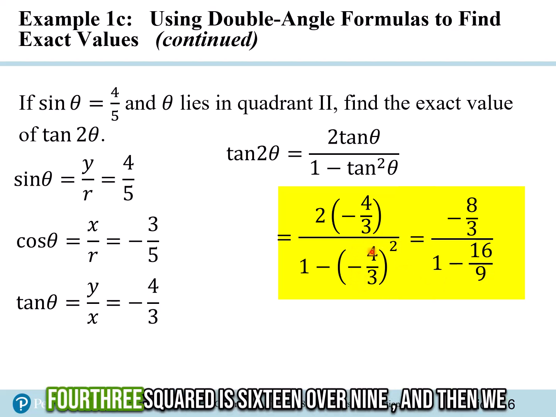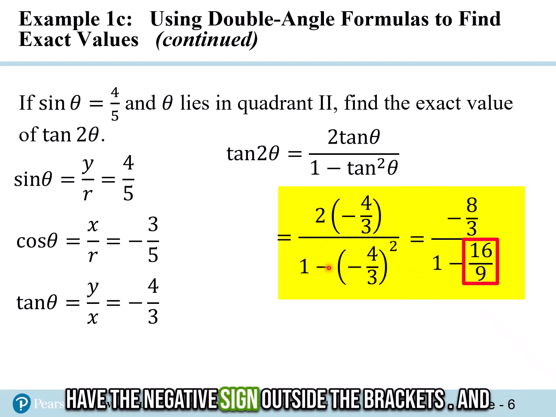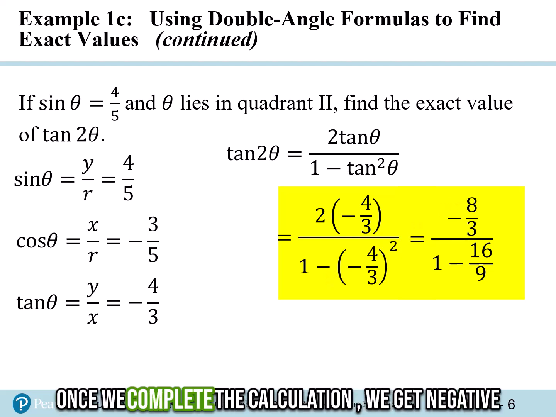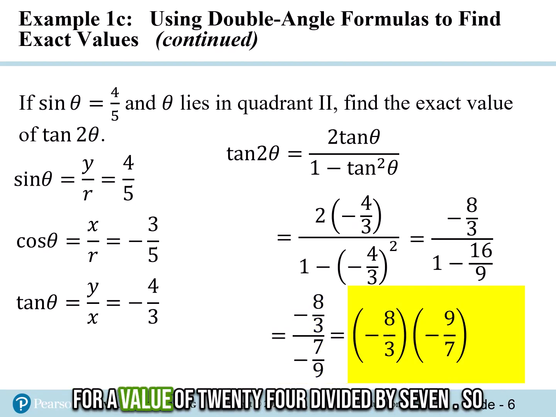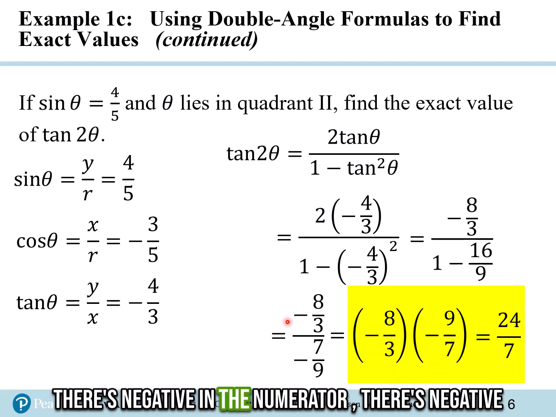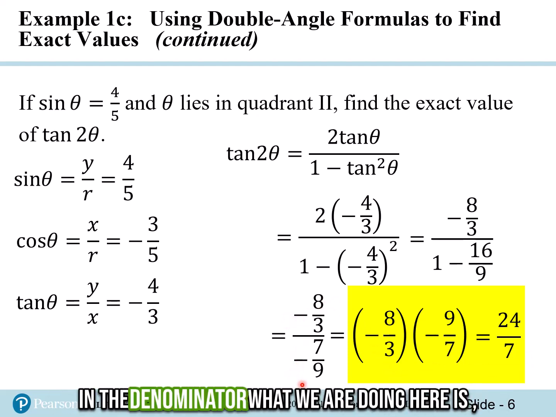So negative 4/3 squared is 16/9, and then we have the negative sign outside the brackets. And once we complete the calculation, we get negative 8 over 3 divided by negative 7 over 9, for a value of 24 divided by 7. So there's a negative in the numerator, there's a negative in the denominator.